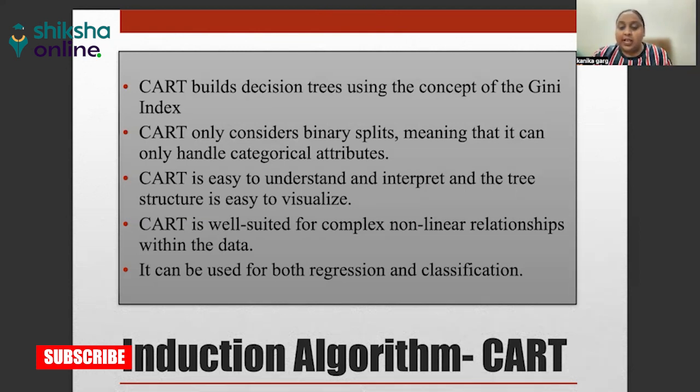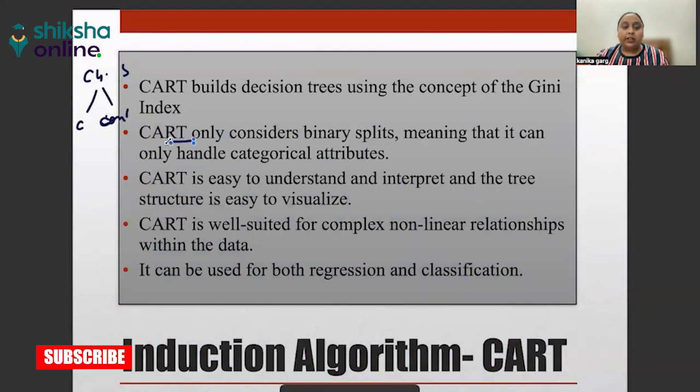Okay. Now, C4.5 and CART, these both are decision tree algorithms that can be used for classification tasks, but they do have some differences. C4.5 is an extension of the ID3 algorithm and is able to handle both continuous and categorical attributes. All right. So for C4.5, we say it uses both the categorical variables and the continuous variables.